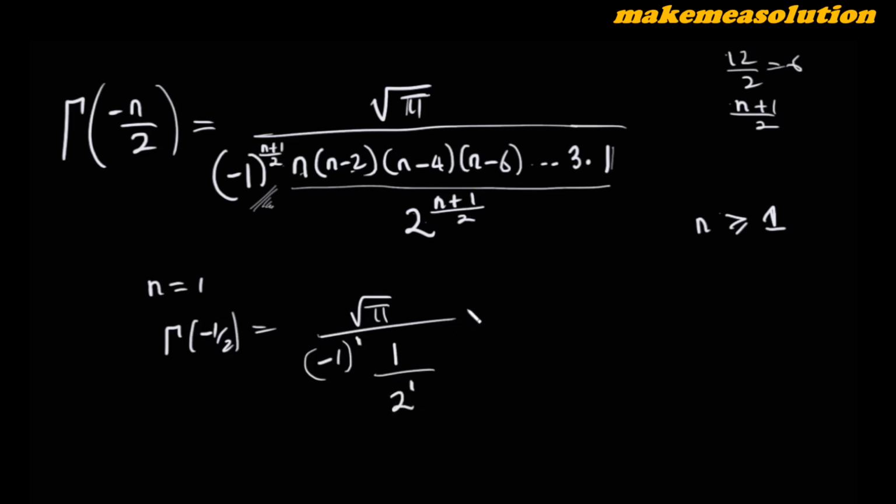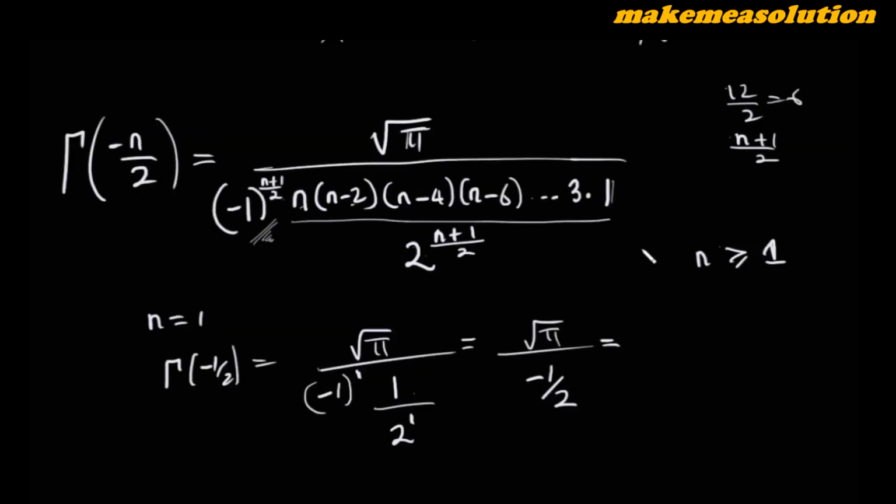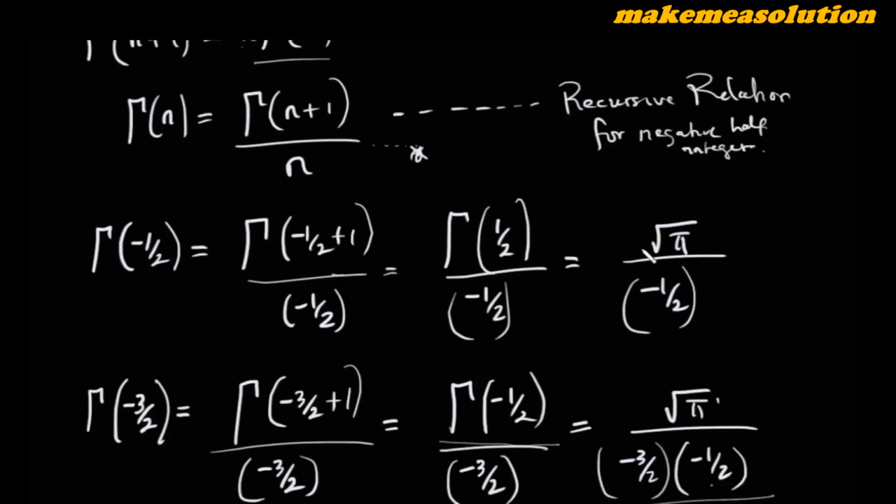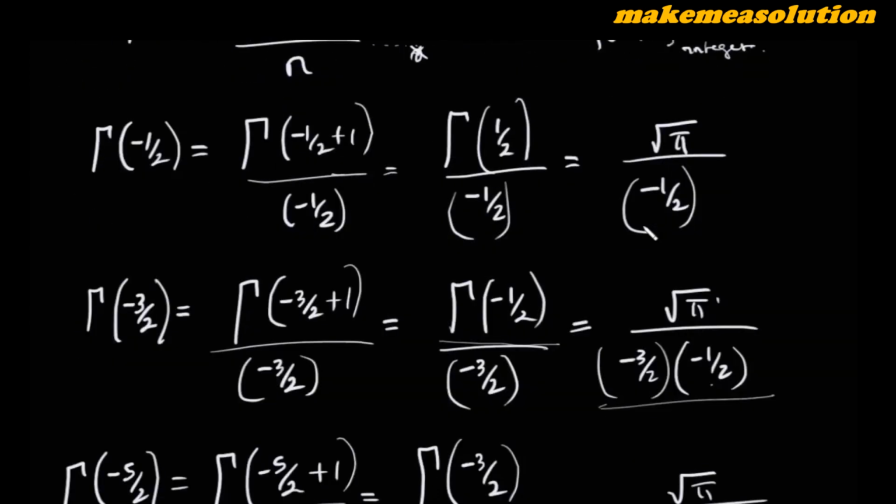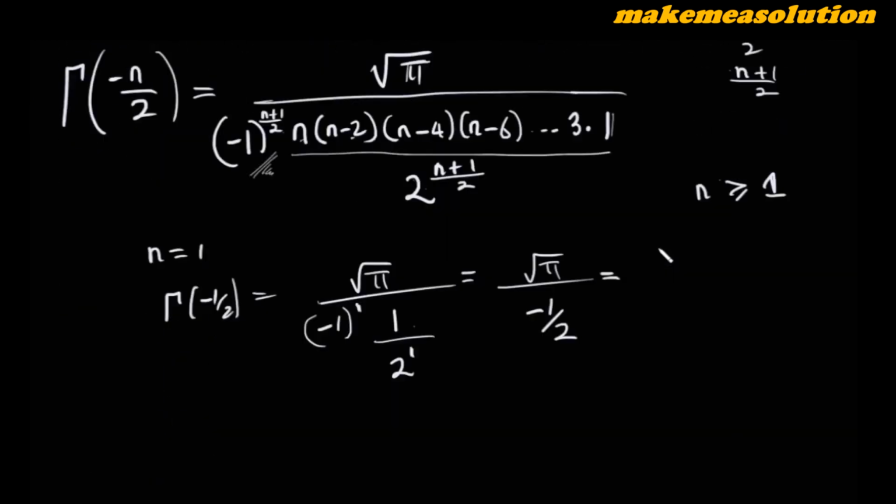So what I have is root pi all over minus 1 raised to the power of 1, which is minus 1, times 1, still minus 1, over 2. This is still in line with what we got up here for gamma of minus 1 over 2. When you simplify it, these two can go up and it gives you what?